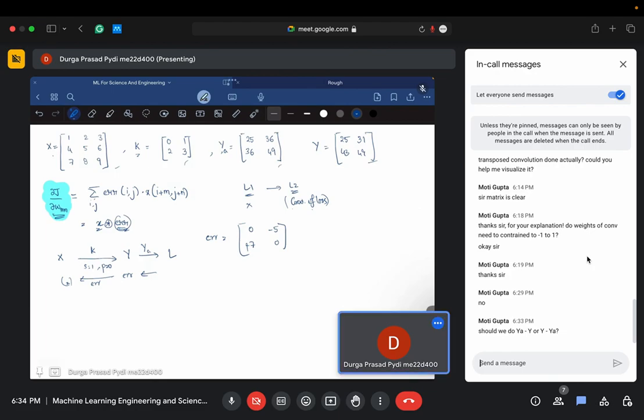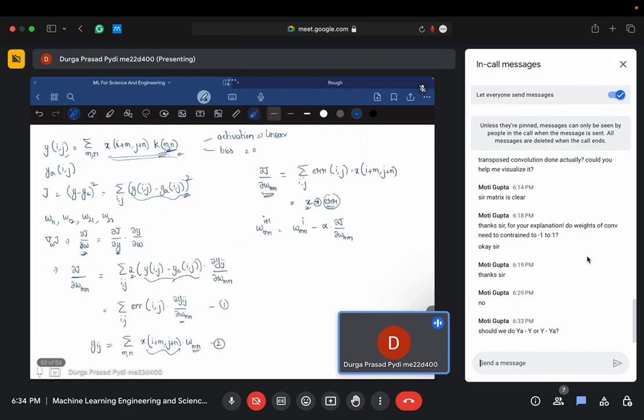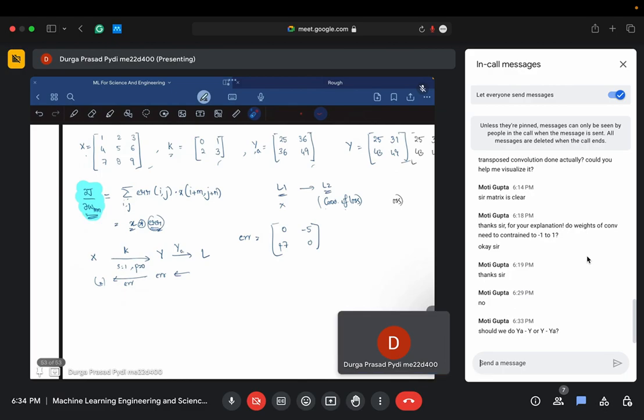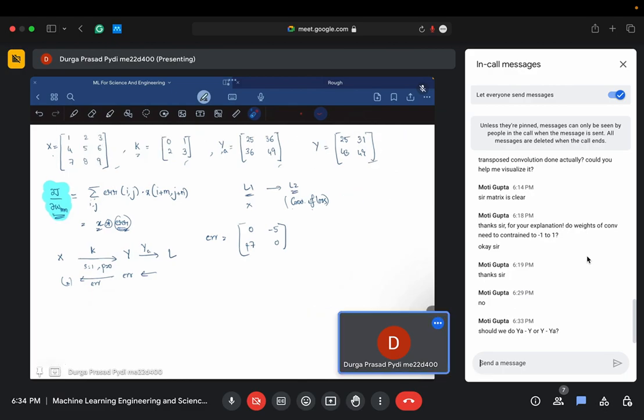I think you might have to multiply with the 2 right here. My objective function has y minus ya, whole square, right? Because of this square, when I do the differentiation, my error term is going to have 2 times the difference of this. So this is after you apply a 2. I think you forgot to apply a 2 here.